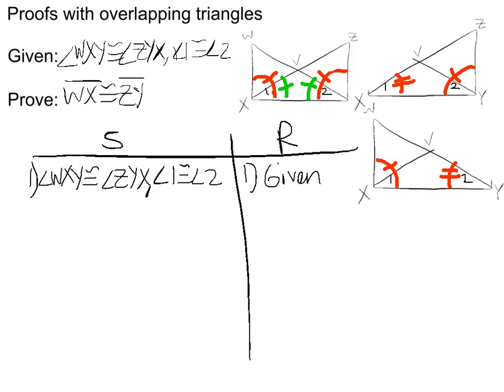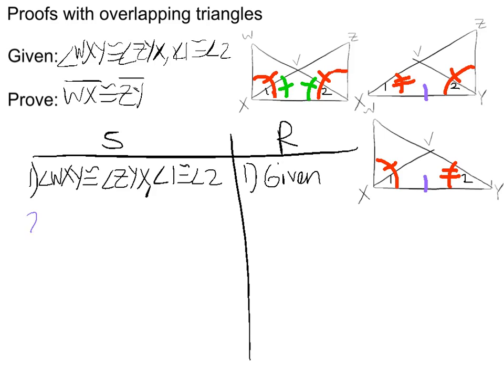Now, we actually already know from our red and blue that XY is an overlapping segment, and XY is congruent to itself. And you know what? This makes me happy because now I have an angle, side, and angle. I can prove these triangles are congruent now if I add this purple step in. So let's go ahead and do that.